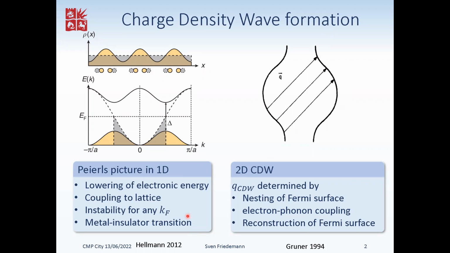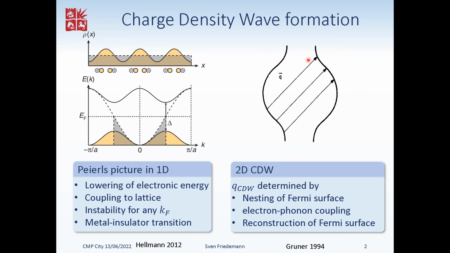In both cases, we expect that there is a coupling to the crystal lattice in solid state systems and hence a visible lattice distortion.